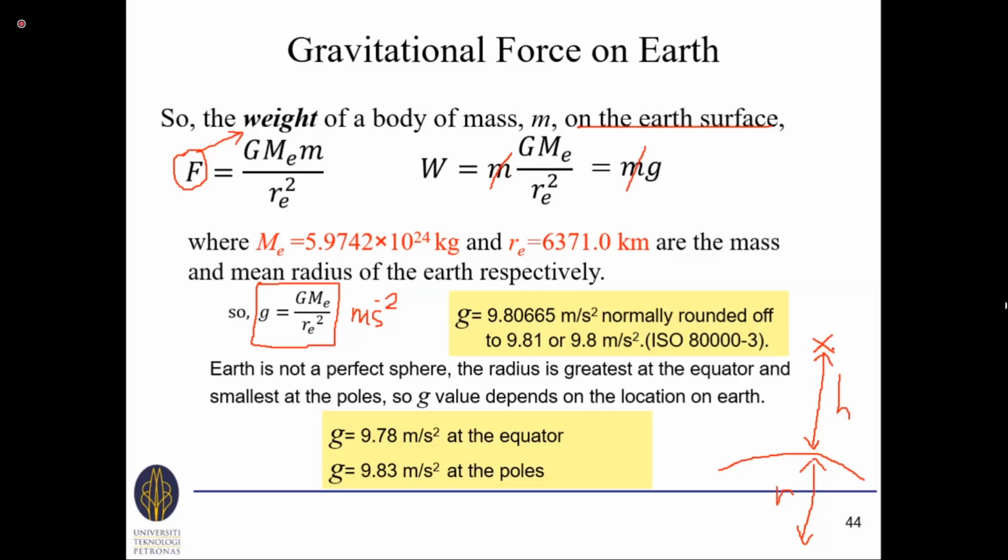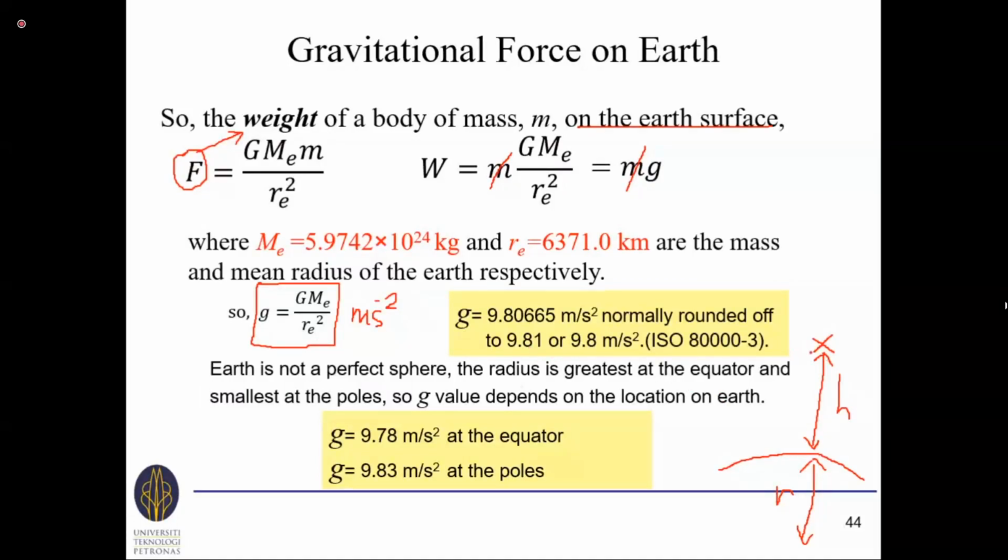So how do we calculate the gravitational acceleration for this? R here means the distance between the object and the Earth.